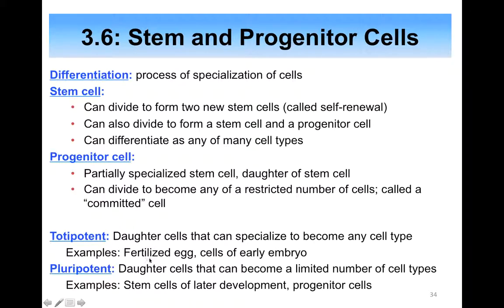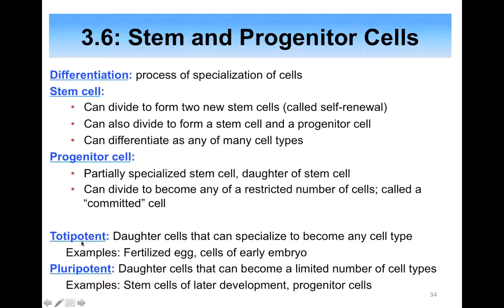For example, a fertilized egg. That zygote is a totipotent cell because it's going to become many thousands of different types of cells with different functions. Pluripotent means it's limited in the number of cells it can become.